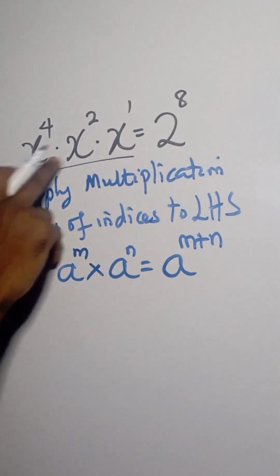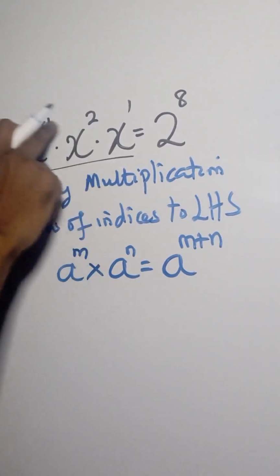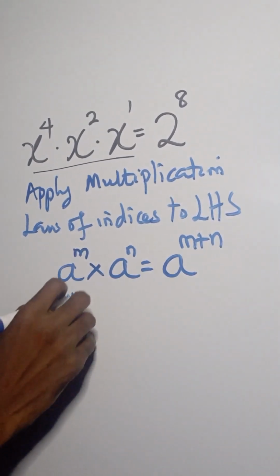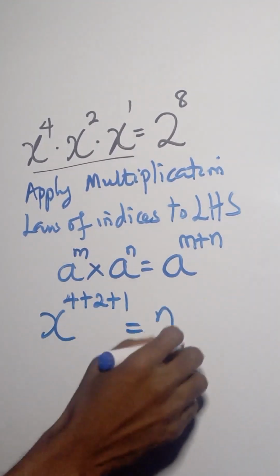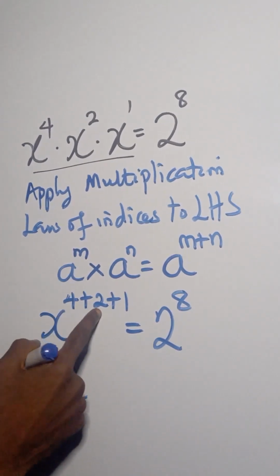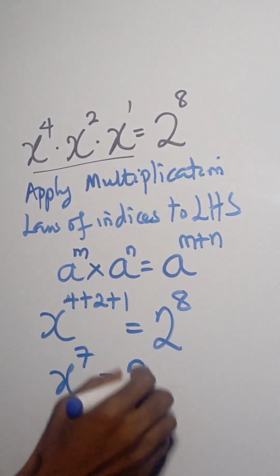So we can do it to this, and this, since the bases are the same. So we can add all the power. So I have x raised to the power 4 plus 2 plus 1, equals 2 raised to the power 8. So this will give us x raised to the power 4 plus 2 is 6 plus 1 is 7, equals 2 raised to the power 8.